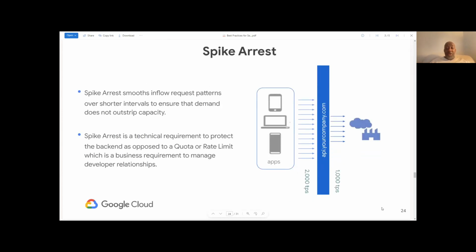This is just showing you an example of spike arrest, where you can set a rate limit on how much traffic you're going to allow in a given interval of time. What happens to the traffic that is denied is also left up to you. You can just drop it in some cases, or you can have signals sent back to the client, saying to throttle their traffic because of the amount of traffic coming in for, say, 30 seconds or a minute or whatever.